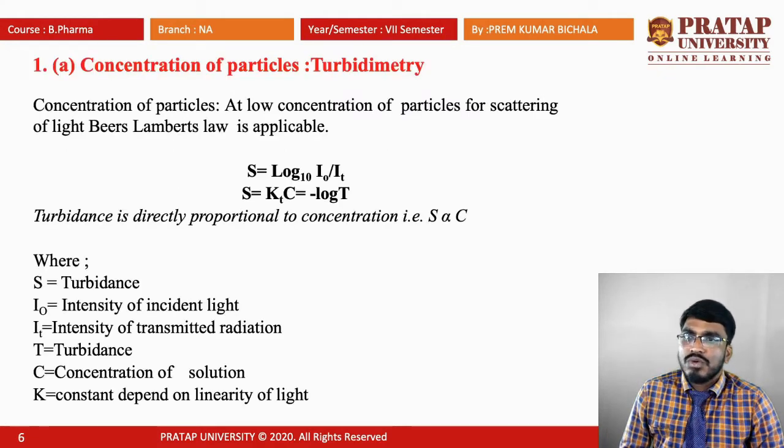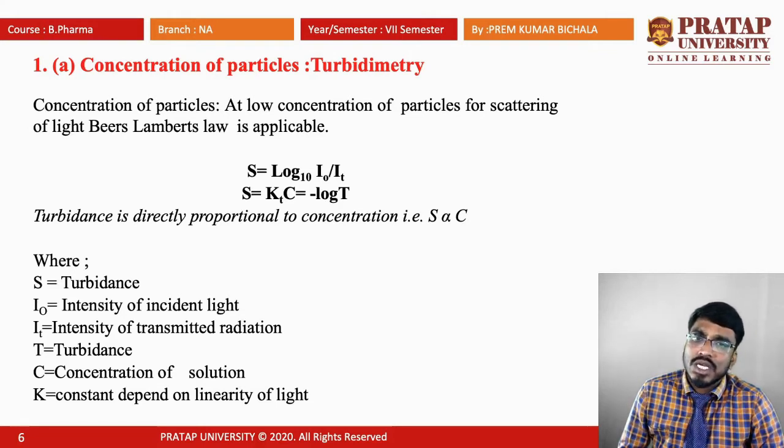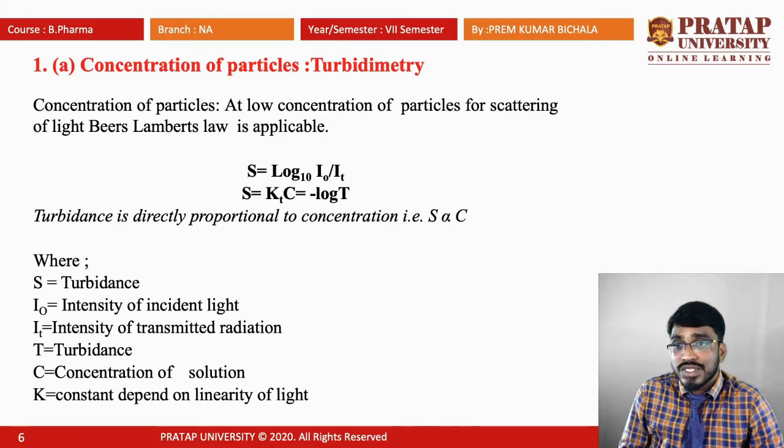Coming to the first one, concentration of particles, I have mentioned two different phenomena, one related to turbidimetry and one related to nephelometry. The first is how the concentration of particles affects turbidimetry.